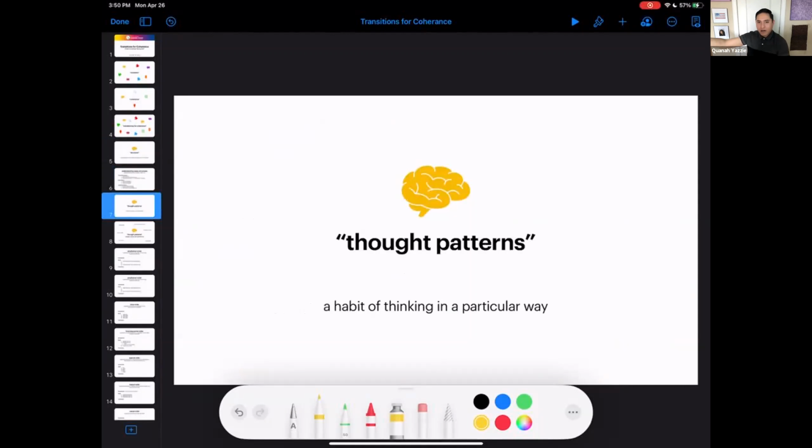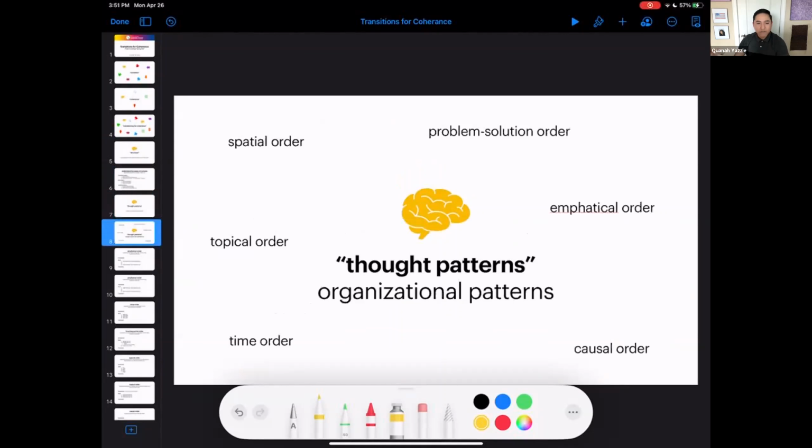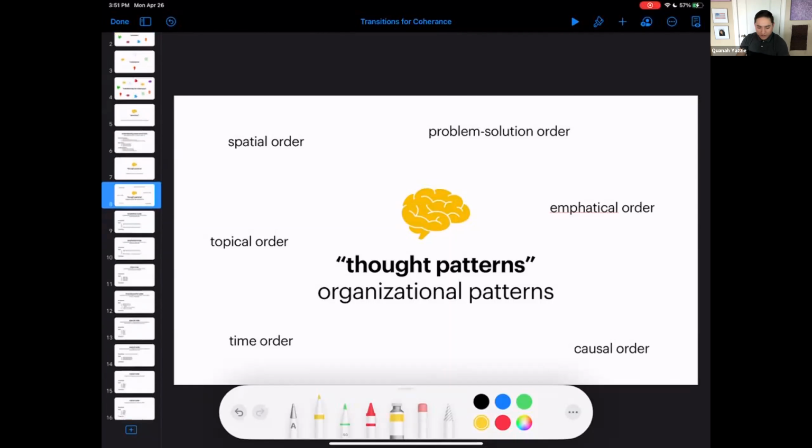So take a look at how other people interpret information, how you can visualize and outline the information for yourself and for your writing and for your audience, basically. So how do you think they can interpret the information? And there's a ton of thought patterns out there, right? Spatial, topical, time, problem solution, emphatic, causal. There's a whole ton. There's color as well, and so forth.